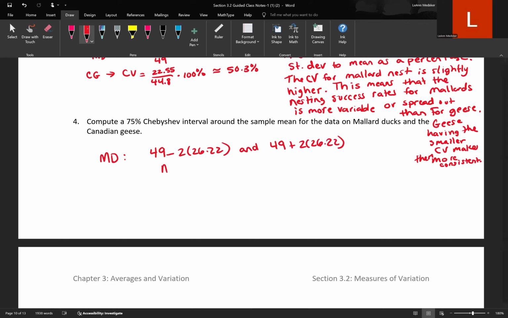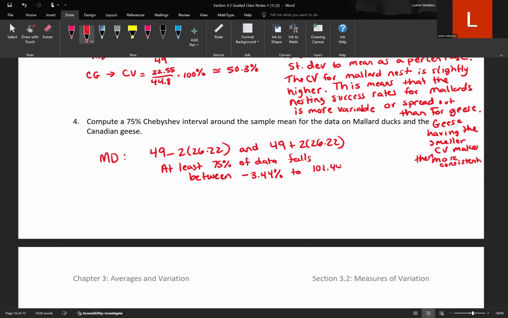So this would mean that at least 75% of the data falls between these values. Actually, this one comes out negative. When we subtract it, we get negative 3.44%.